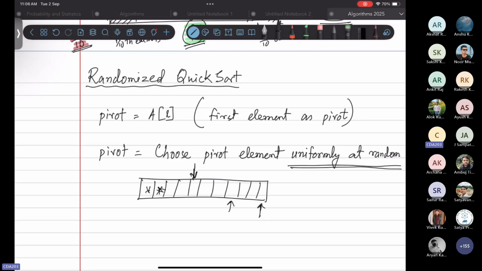Any of these elements I can choose as my pivot. That is what is meant by at random. And uniformly means that the chance of this being the pivot element is the same as this one or this one. Every element has an equal probability of being the pivot element, right? Is this okay?